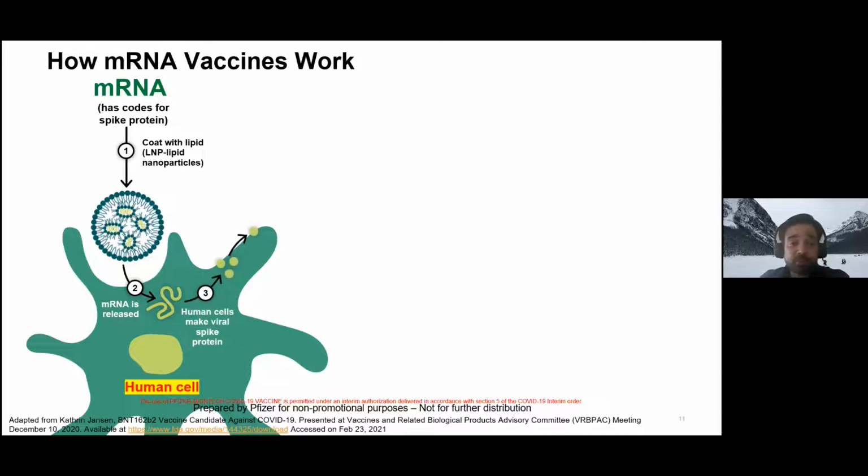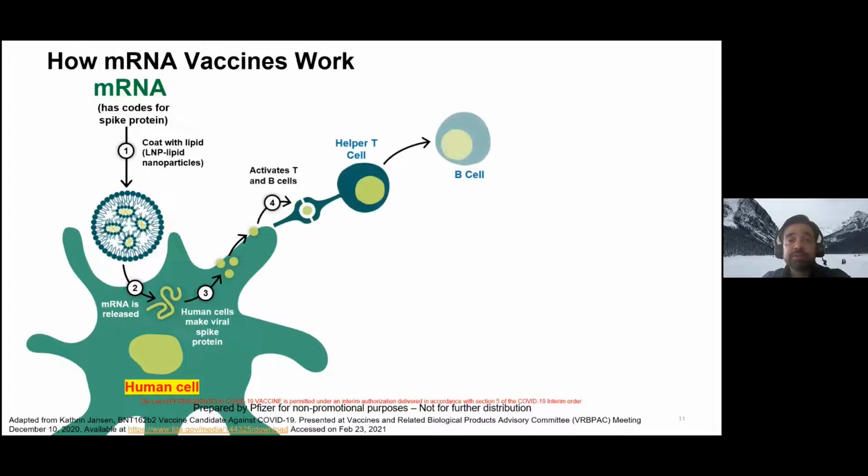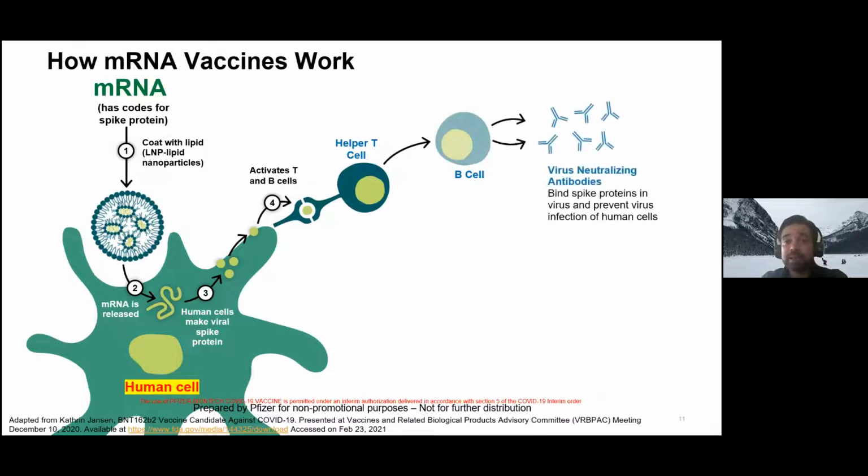But once these proteins are synthesized inside the cells, our immune system recognizes them as foreign and mounts an attack. While doing so, it activates different kinds of cells, including T cells and B cells. Some of those T cells provide help to B cells to make high quality, neutralizing, long-lasting antibodies. These T cells are called helper T cells.